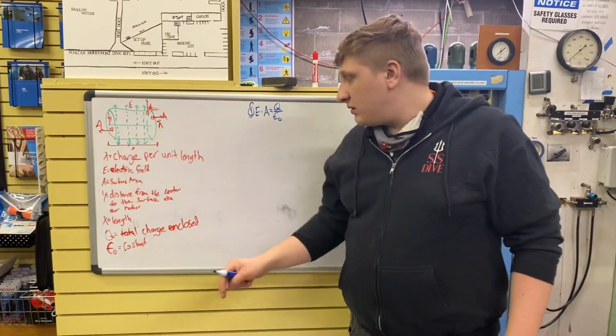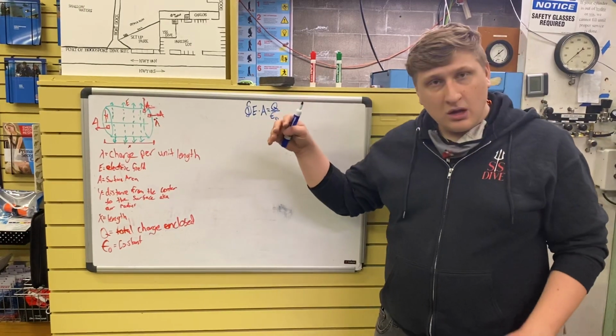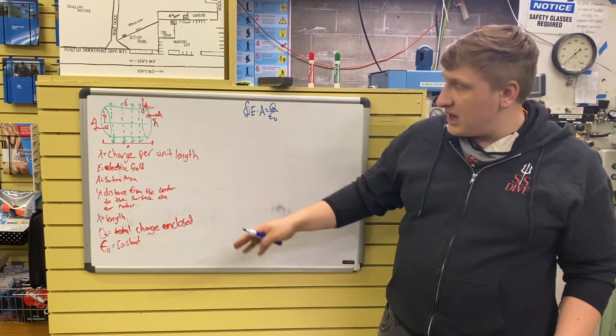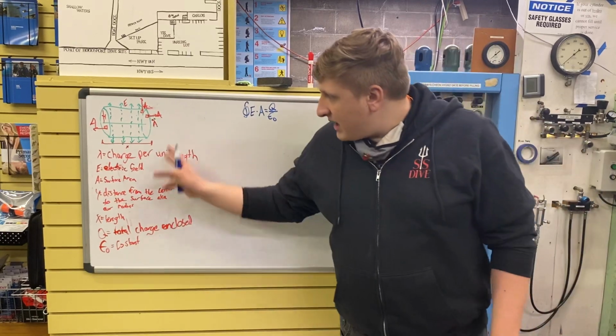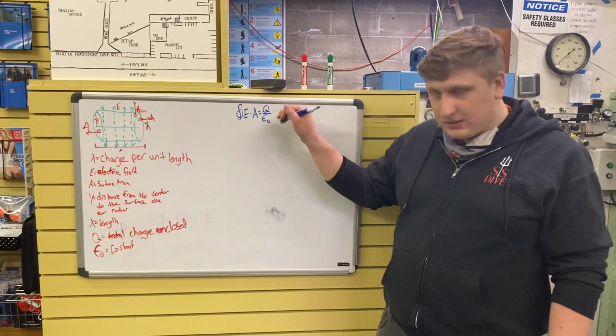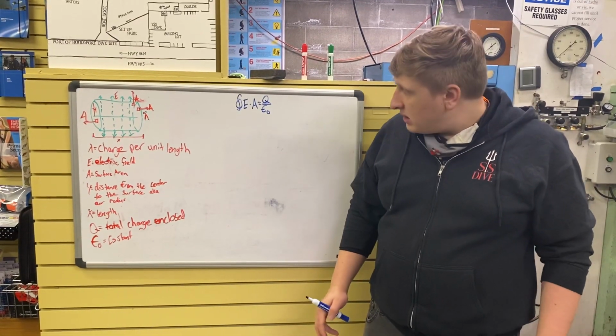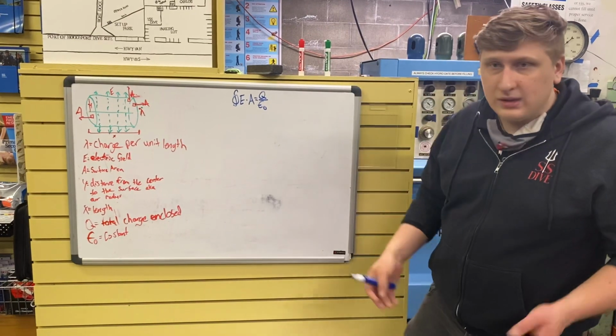The Y here represents the distance from the center to the surface of the cylinder, aka the radius. The X is simply the length of the cylinder. The Q is the total charge enclosed. And the epsilon naught, of course, is just a constant.